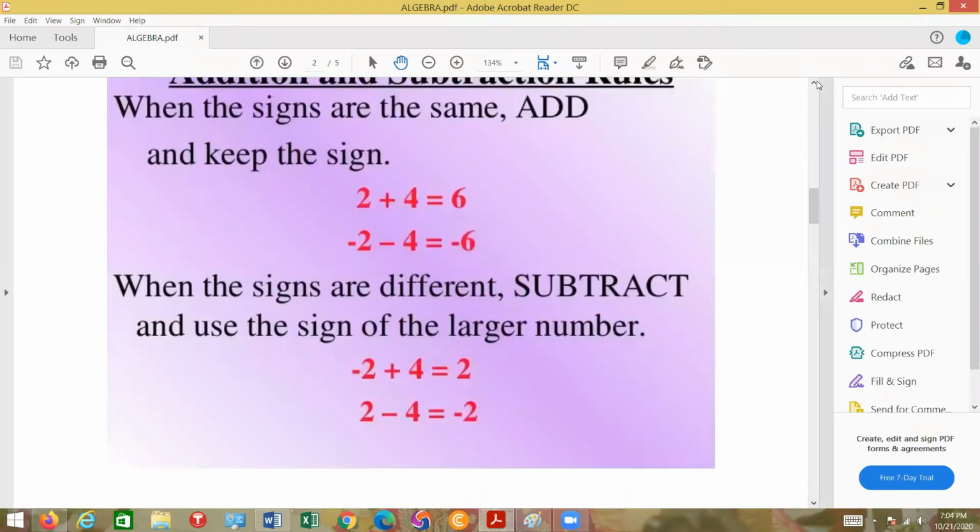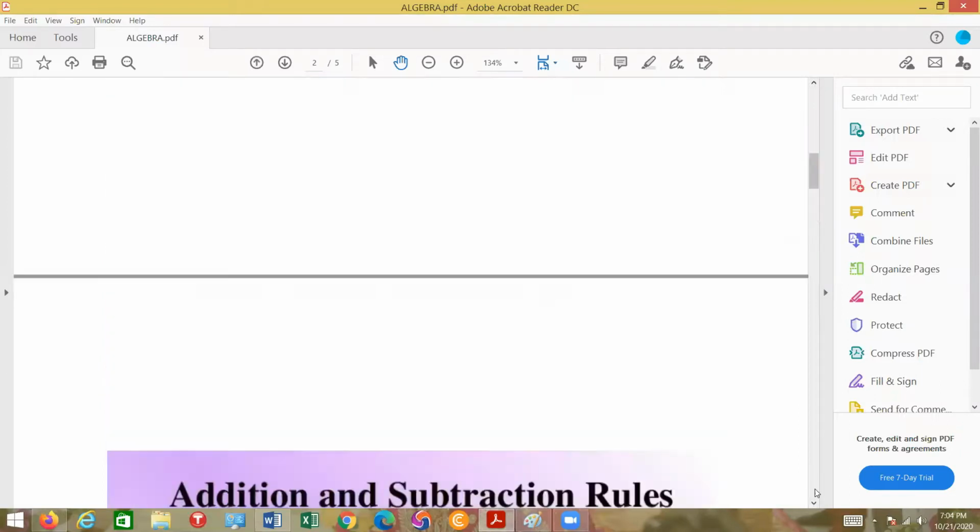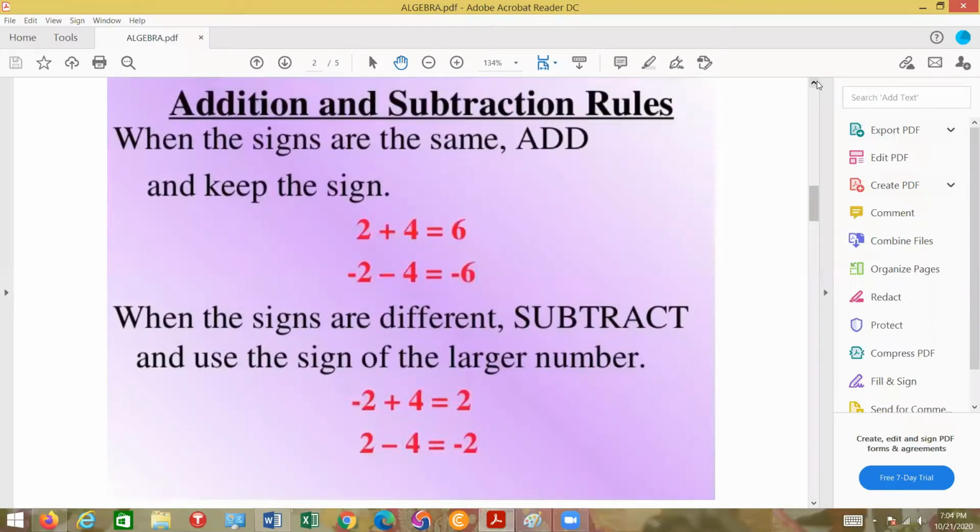We would now be looking at the rules, adding and subtraction rules when it comes to integers. The very first rule says that when the signs are the same, add and keep the sign. When they talk about signs, they're referring to whether the number or the letter is positive or negative.